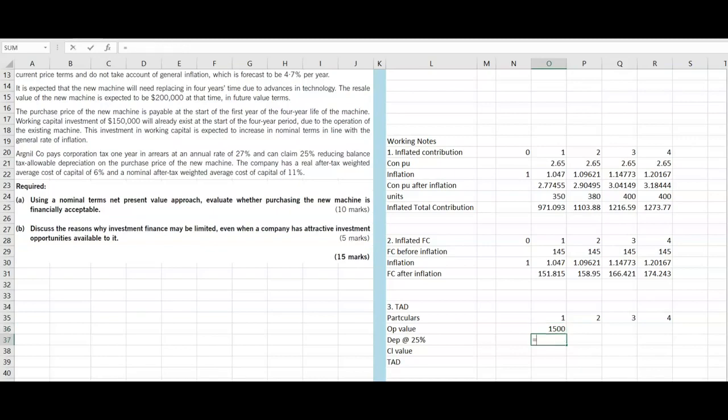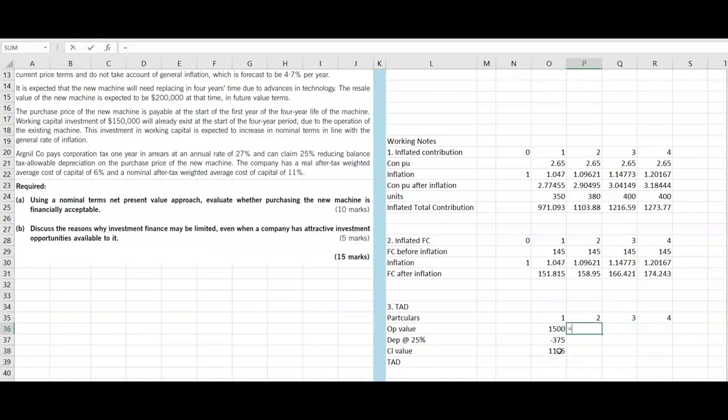So depreciation is calculated on this number. So depreciation is 25%, which is a negative number. So minus 0.25. So you got the value. So add both, you will get the closing value.